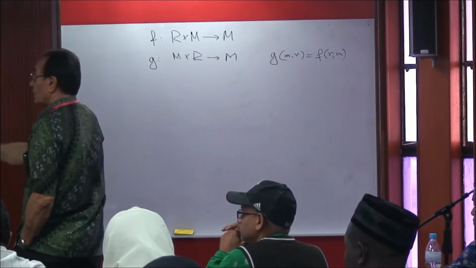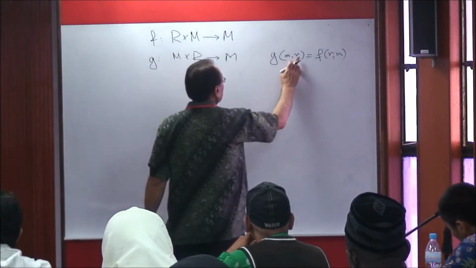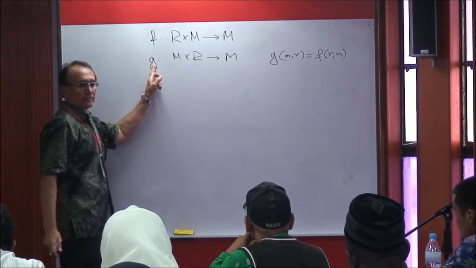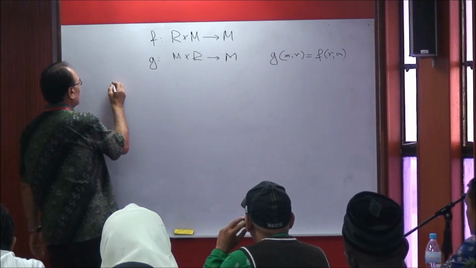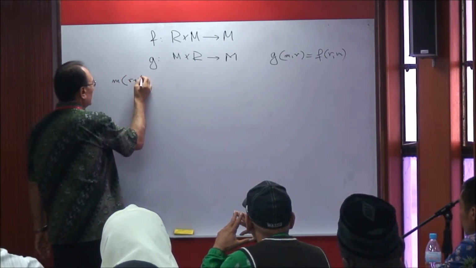Axioms, the module axioms. First axiom: I claim this is a right action. What should I do for that? I should take m(r + s).